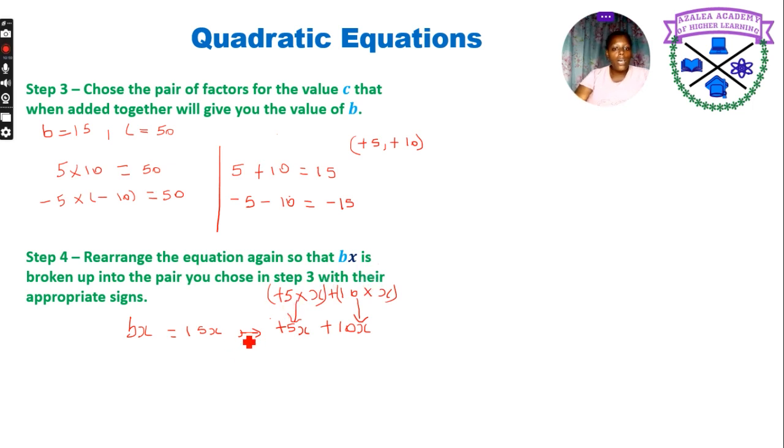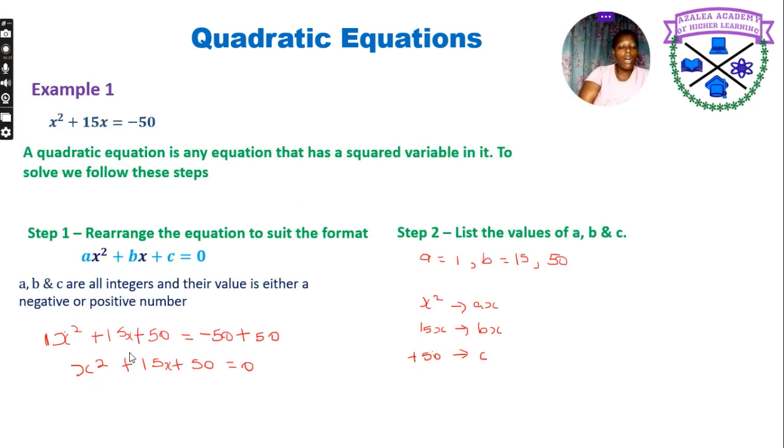Alright, so now our equation is rewritten. Let's just go back. Our original equation was x squared plus 15x plus 50 equals 0.